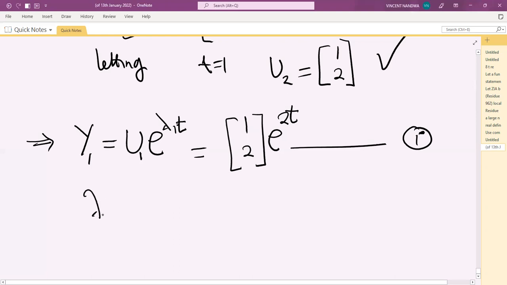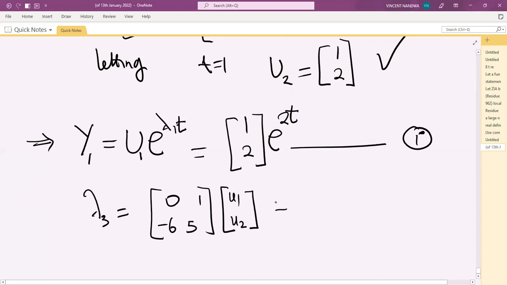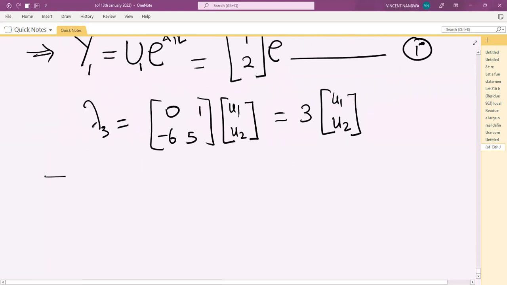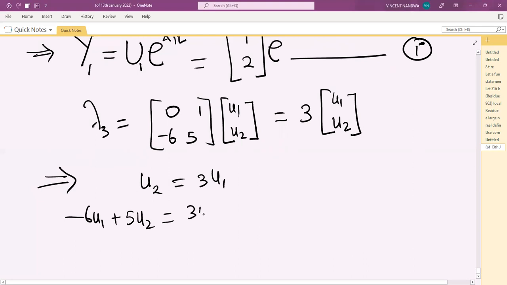Then for lambda 2, we have [0, 1; -6, 5] multiplied by [u1; u2] is equals to 3 [u1; u2]. This means we'll have u2 equals to 3 u1, and minus 6 u1 plus 5 u2 is equals to 3 u2.